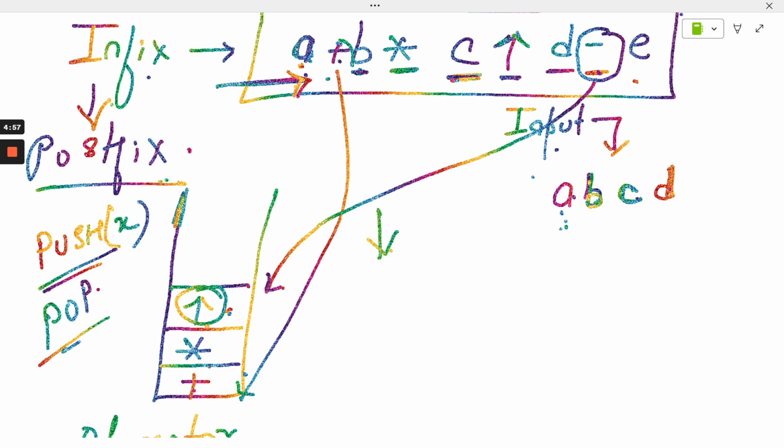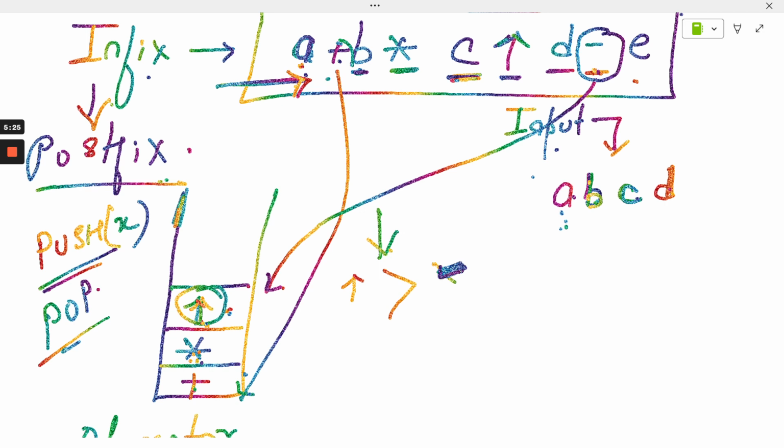Earlier I was not popping because star had higher precedence than plus, so we pushed star onto plus. And the raised to operator had higher precedence than star, so we pushed the power operator on top of star. But now our top points to this power operator and our look ahead is minus, and the power operator has higher precedence than minus.